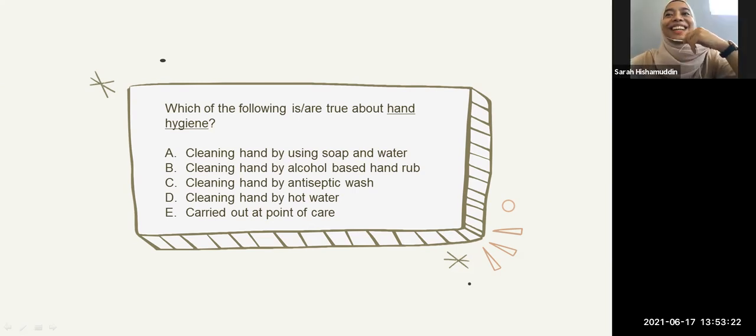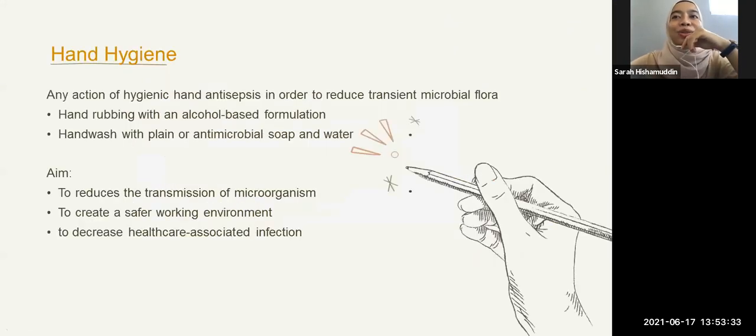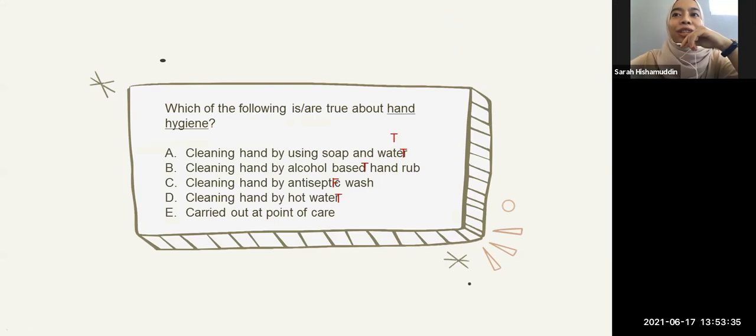Okay, all right. Adela, can you click next so we can see the answers? So basically, A is true, using soap and water. And then B, alcohol hand rub, true. And then C, antiseptic wash, true also.